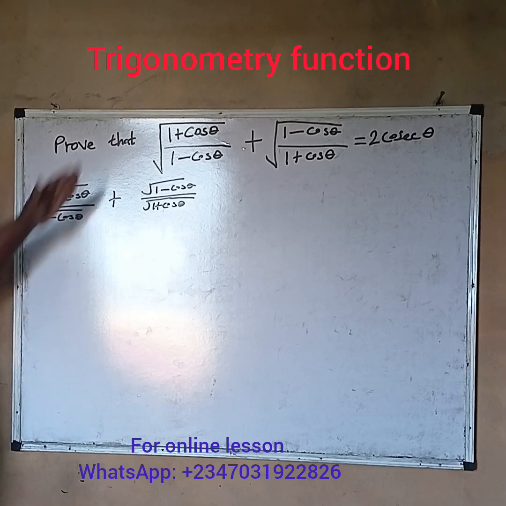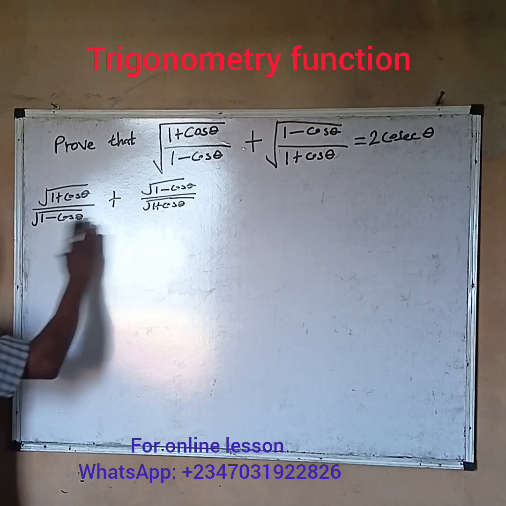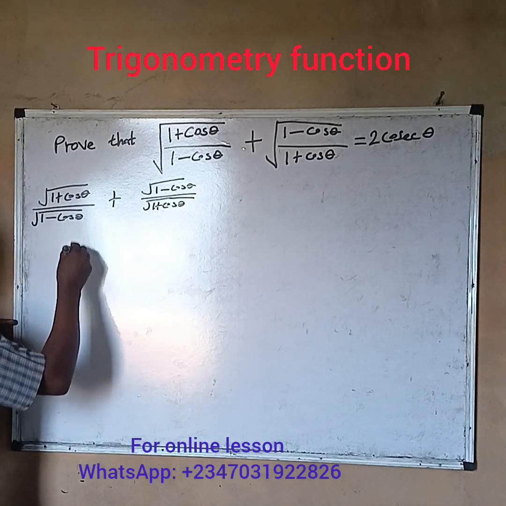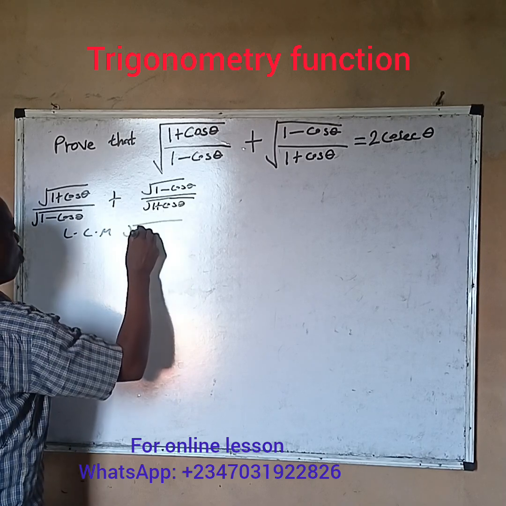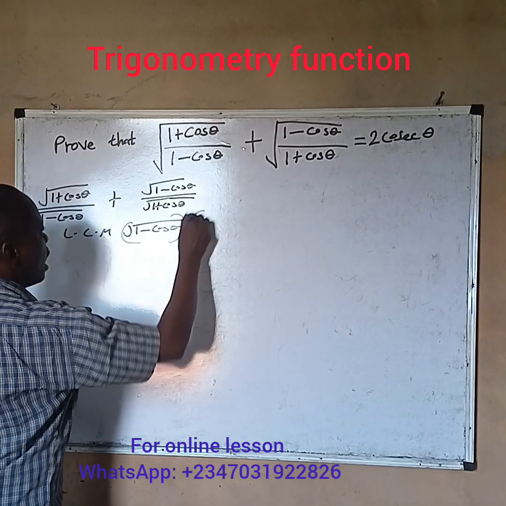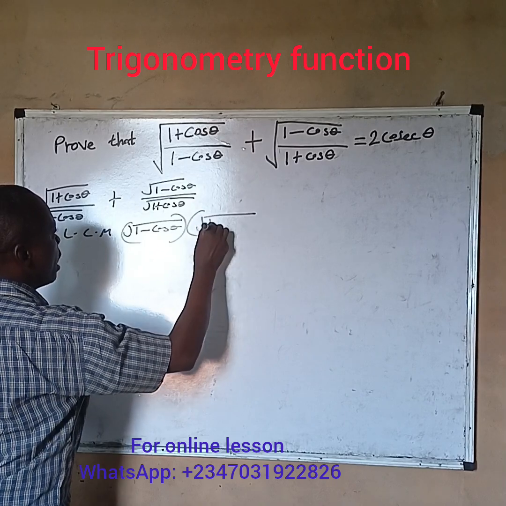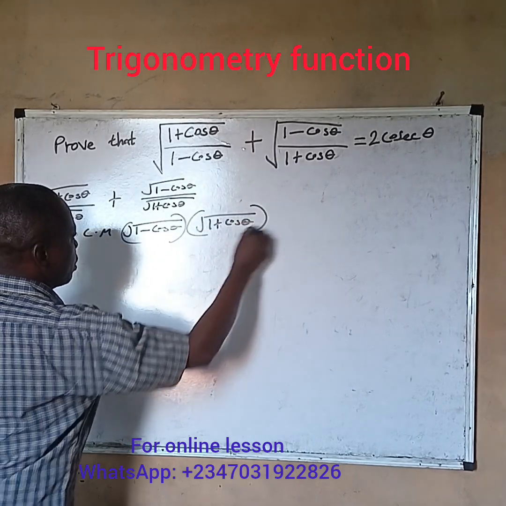Now, what you have here is fractions, so you look for the LCM of this and this. The LCM is the square root of 1 minus cos theta and the square root of 1 plus cos theta.